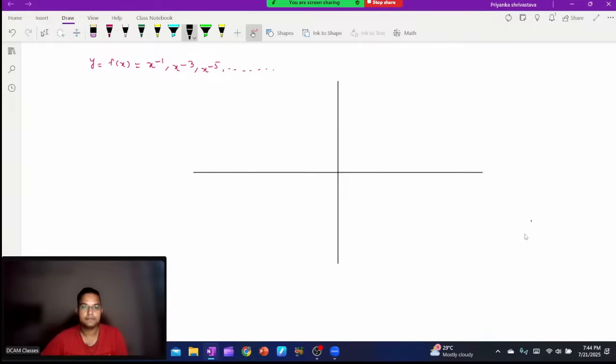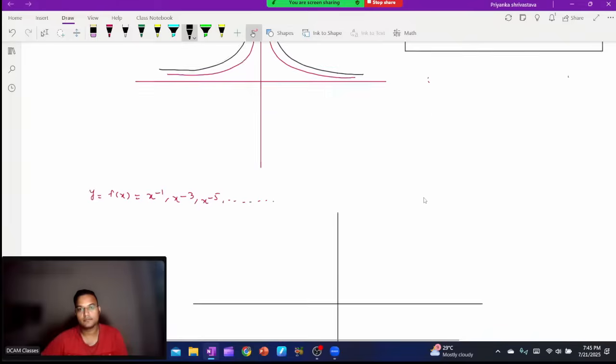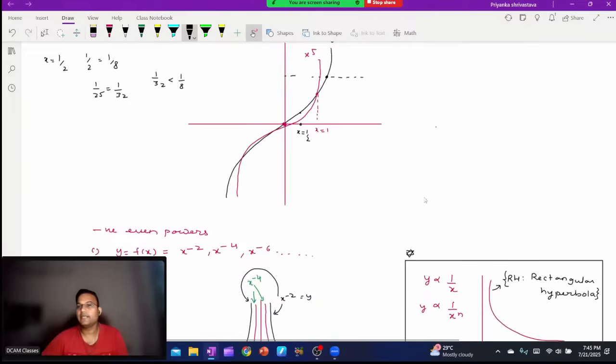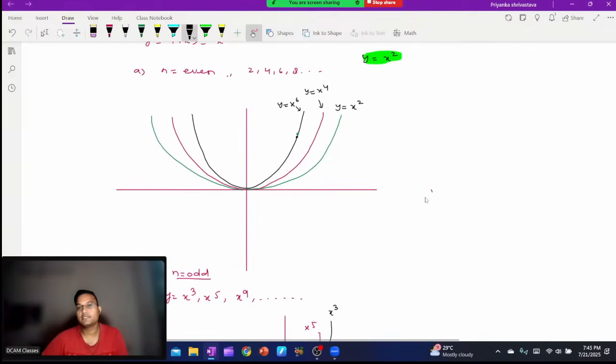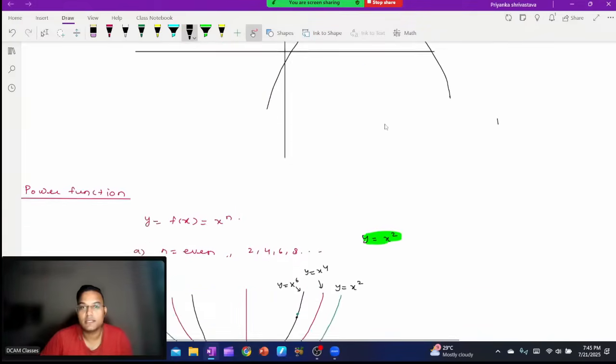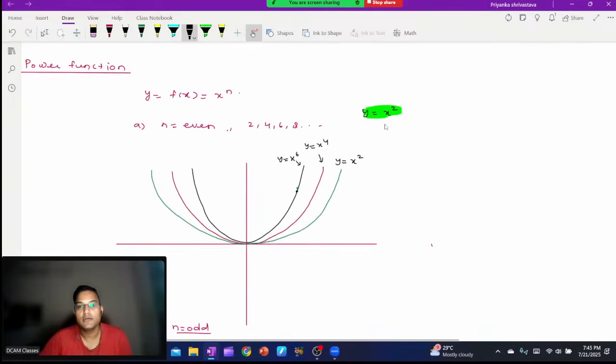Tell me. The domain and ranges are okay here. I did not ask for domain and ranges. Just tell me from the beginning what will be the domain in this case. N is equal to even. X belongs to R. What is the range? 0 to infinity. Correct.